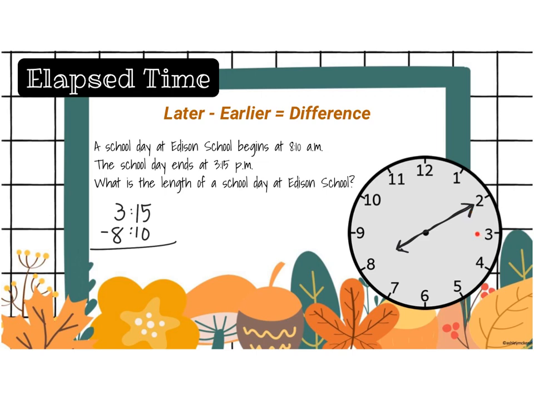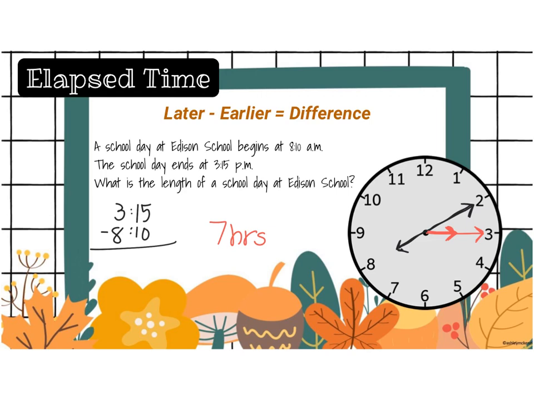3:10 is 7 hours, but then I've got to get to 3:15. Oh, sorry. This is where I want to get to, the 3:15. So I'm counting my hour hand. How many places did my hour hand move around? 1, 2, 3, 4, 5, 6, 7 hours. My minute hand moved 5 minutes. So what would my answer be on this? 7 hours and 5 minutes.